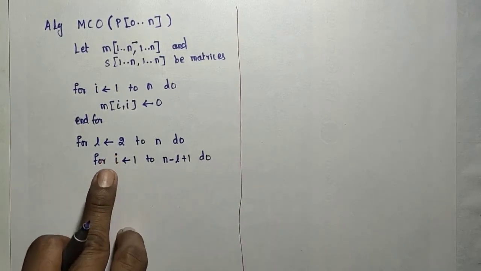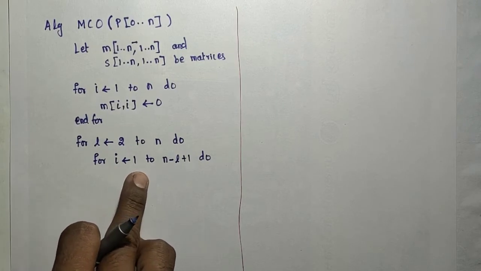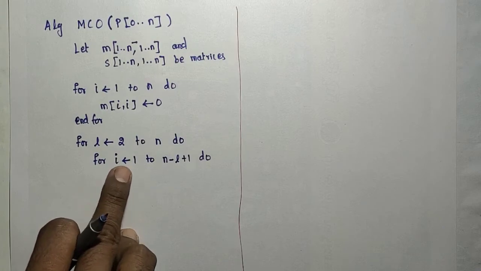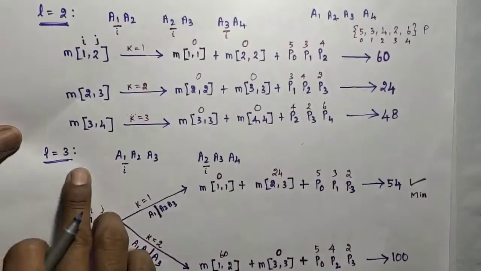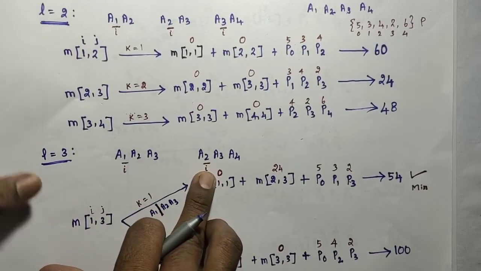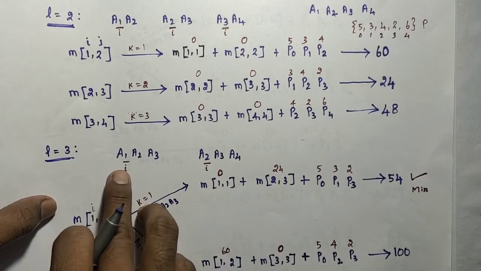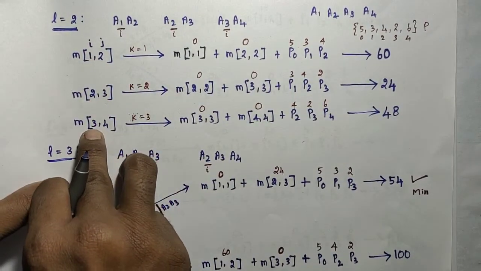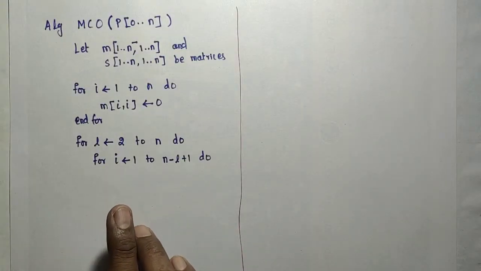When L equals 2, the loop will be executed for i equal to 1, 2 and 3. When L equals 3, the loop will be executed for i equal to 1 and i equal to 2 alone. And then the end indexes are 2 to 4, 1 to 3, here 1 to 2, 1 to 3, 3 to 4. So it means the j value depends on the length.